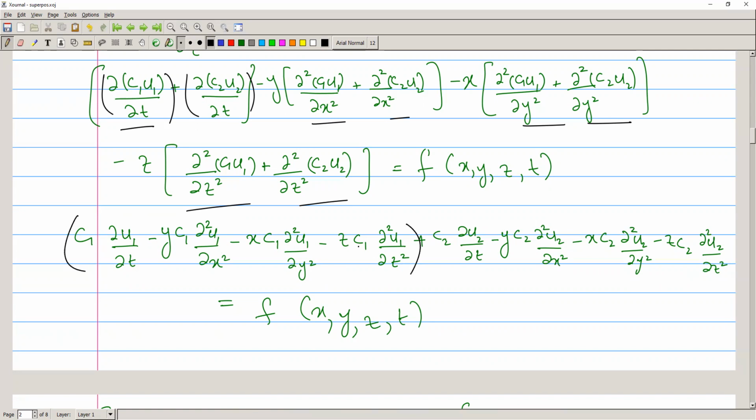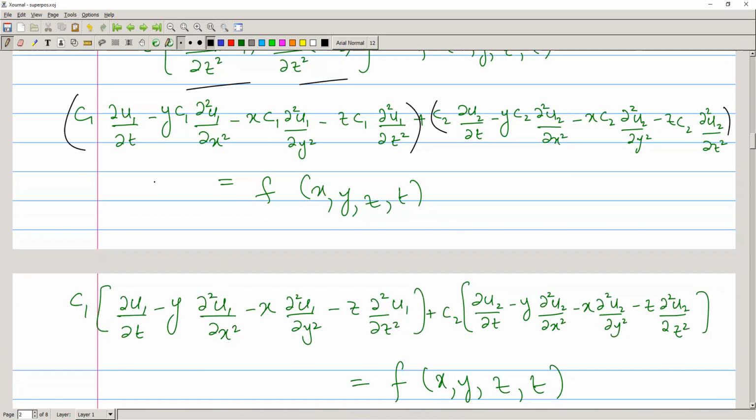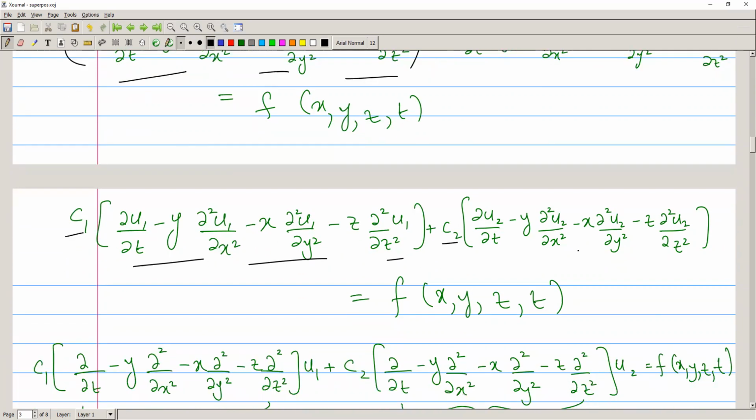These are the terms with C1 U1, and now these are the terms with C2 U2. So now we can take C1 as common here, C1 outside, plus C2 outside here, and we can write the equation.